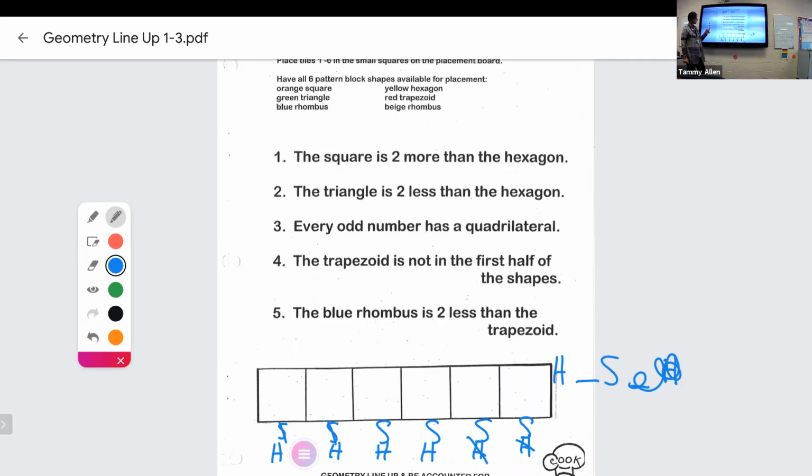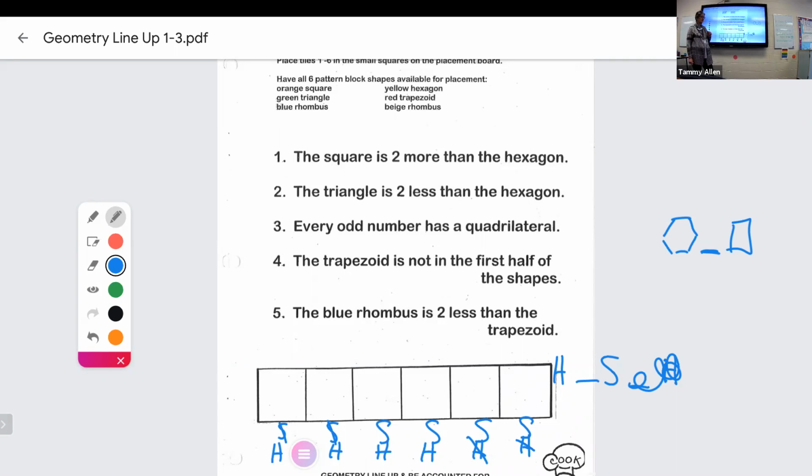The triangle is 2 less than the hexagon. If I were you, I would have your shapes out. I would put the square, and then I would put the hexagon, and I'd leave a space in between. Okay, I'd have this on the desktop. The triangle is 2 less than the hexagon.